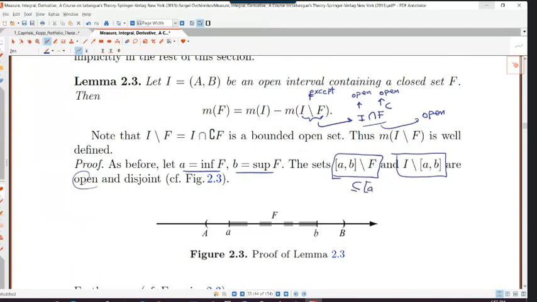This set is a subset of [A, B] and has no intersection with this one. (A, B) except F intersect with I minus [A, B] is empty, because if x is here, then x belongs to the closed interval [A, B], and if x is here, then x is not in the closed interval [A, B]. So their intersection is empty.